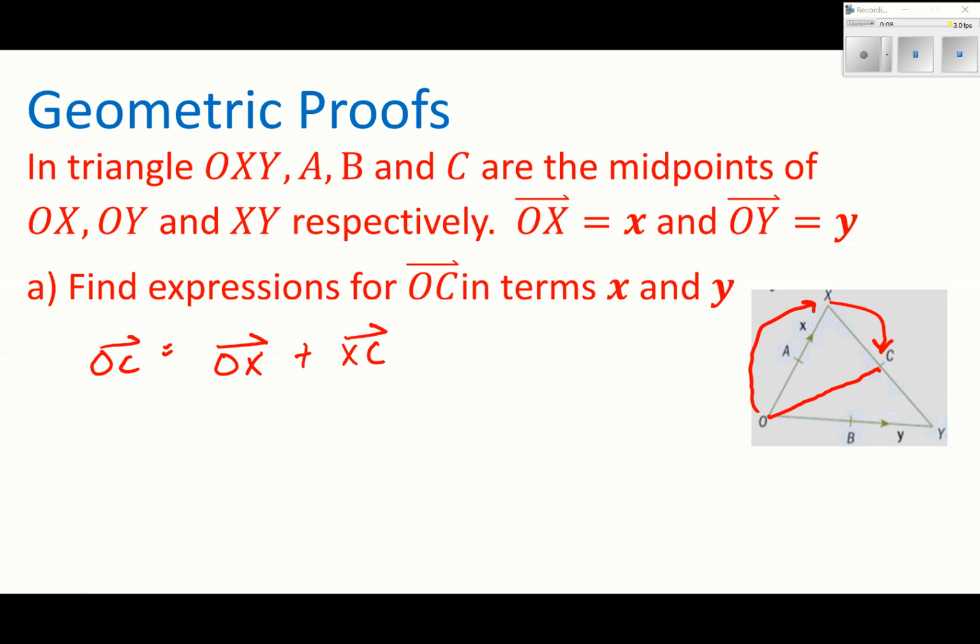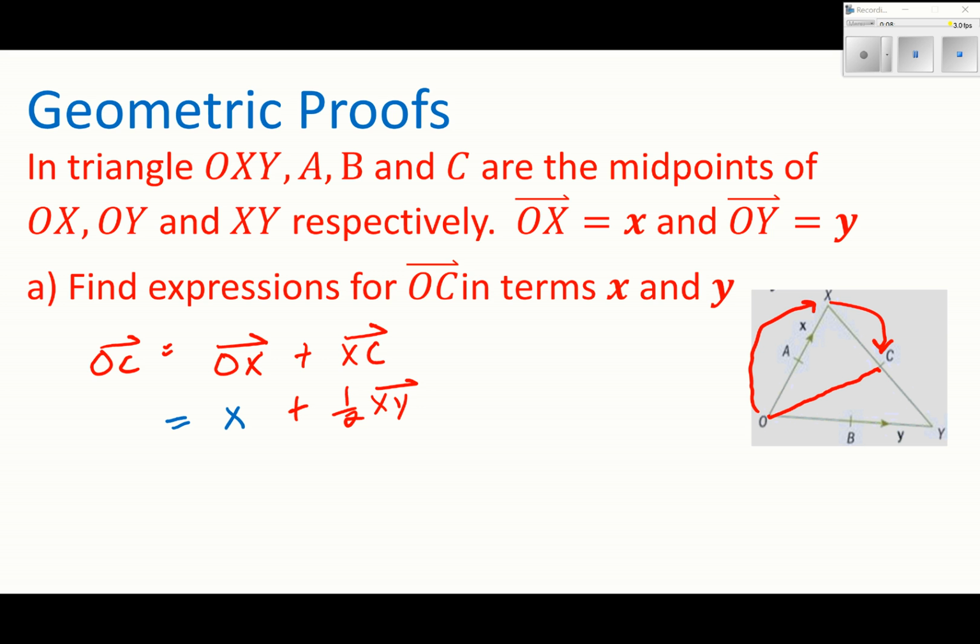Now written in terms of my boldface X and my boldface Y, OX is really the boldface X plus, I know I'm at a midpoint, so plus 1/2 of XY.